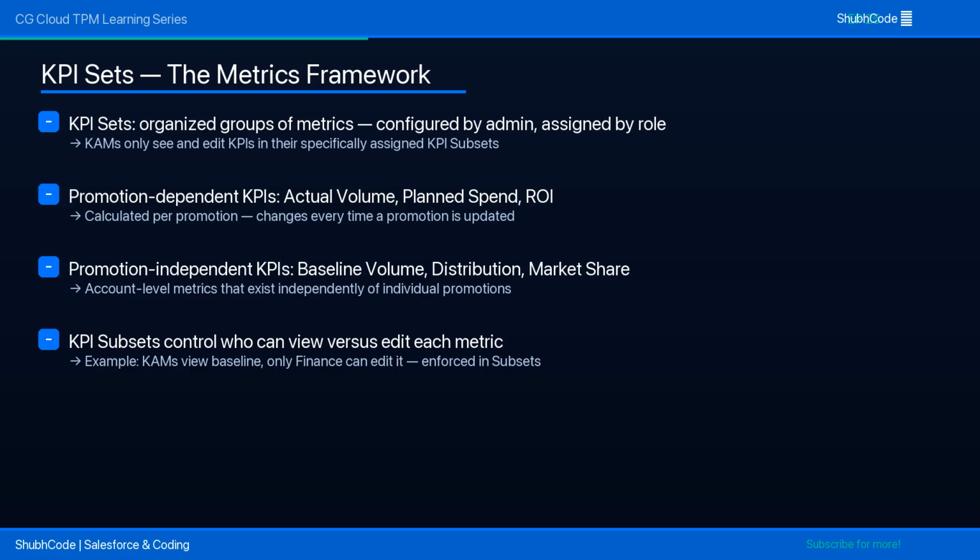These only make sense for a specific promotion, like actual volume, planned spend, and ROI. Second, promotion-independent KPIs. Account-level metrics like baseline volume, the expected sales without any promotion. KPI sets are broken into KPI subsets, which define exactly which KPIs a KAM can view versus edit. This gives admins fine-grained control over the data experience.